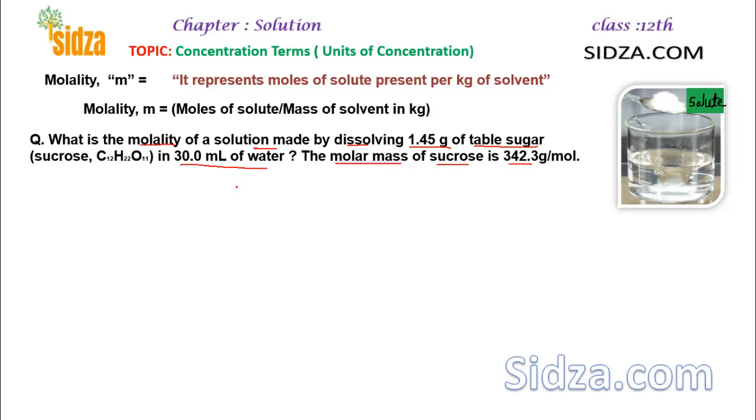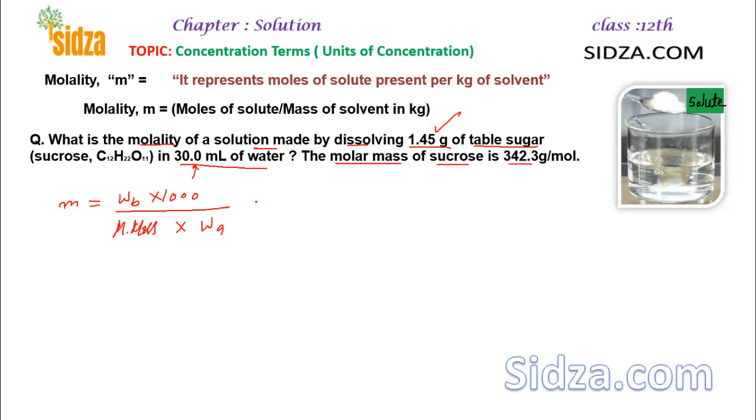So we have the solute in grams, and we have the volume of solvent. We don't have the weight of solvent. See, we know that the molality is the weight of solute, W_B, times 1000, divided by the molar mass of solute times the weight of solvent, correct?